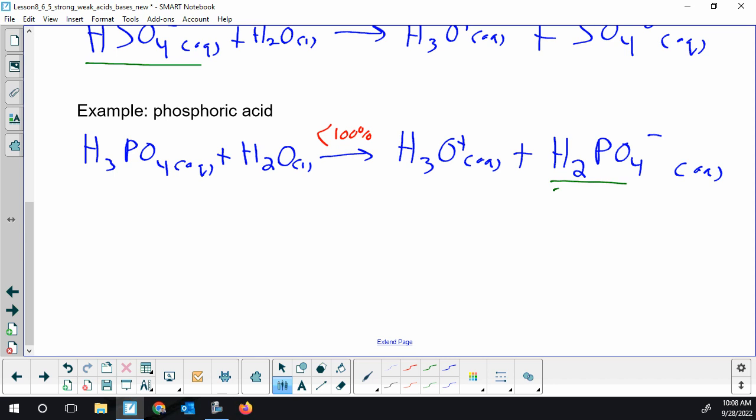Now the species with 2 H's can do another loss. We see H2PO3- in our acid table. Now in our table, it is much lower, and it's always lower. Every time you take an H away, you're going to find it lower in the table.